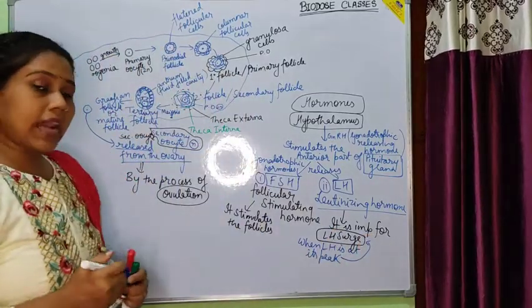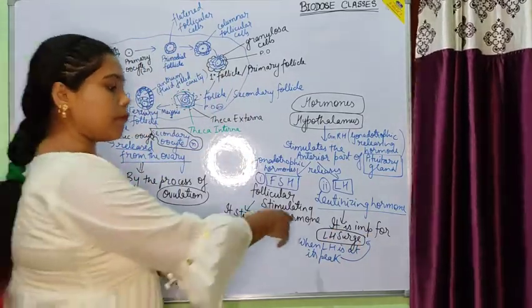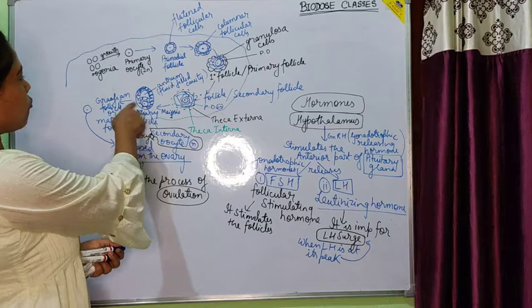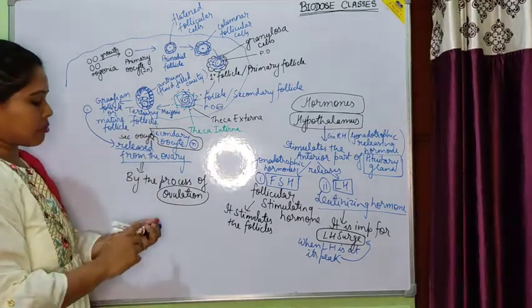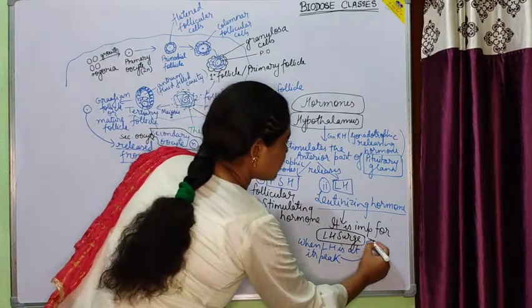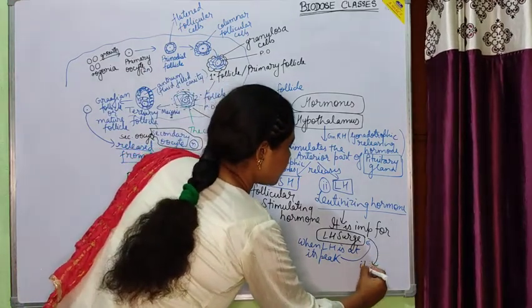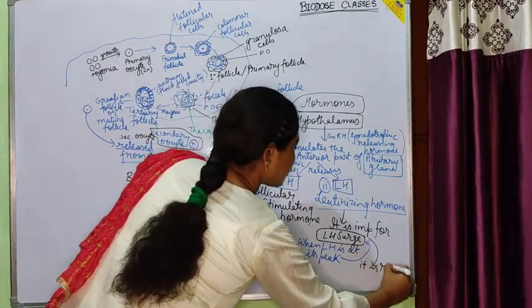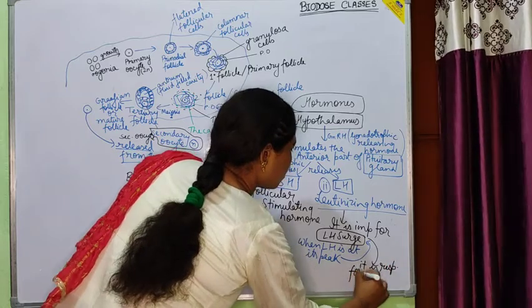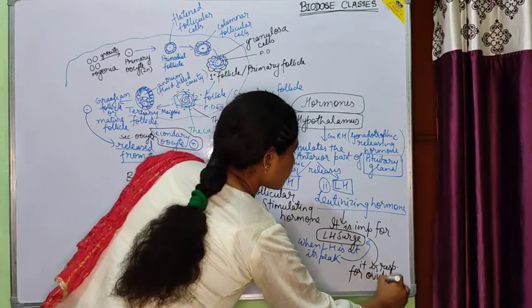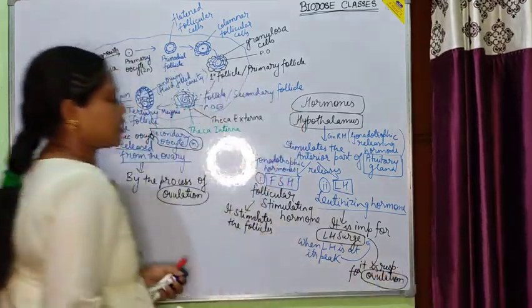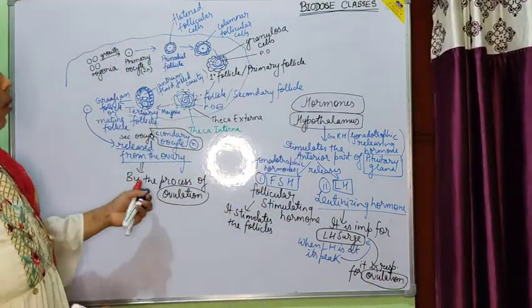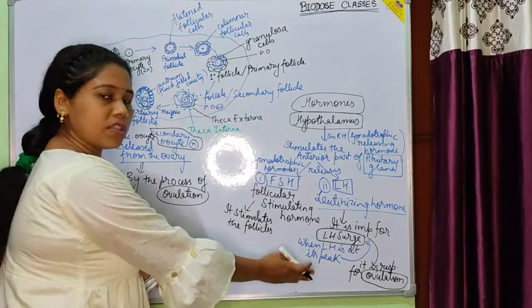So this luteinizing hormone is responsible for that LH surge, and once the LH surge occurs, this ovulation occurs, and this LH surge is responsible for ovulation. So now we can see the changes that was inside the ovary is linked with the hormones.